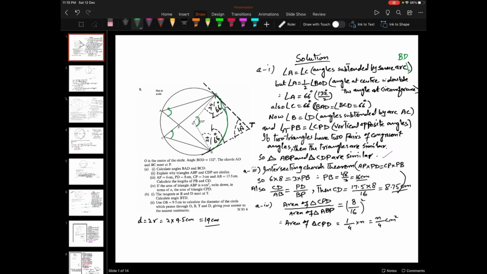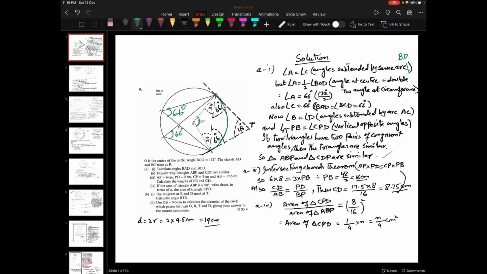Hence angle A is equal to 132 upon 2, which is equal to 66. So angle A is equal to 66 degree. Also angle C is equal to 66 degree, because both angles are subtended by the same arc BD.